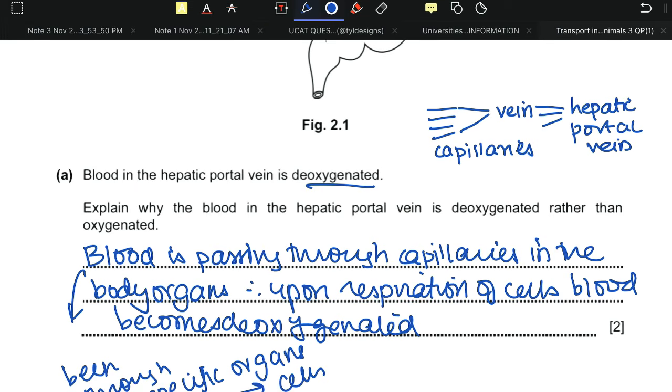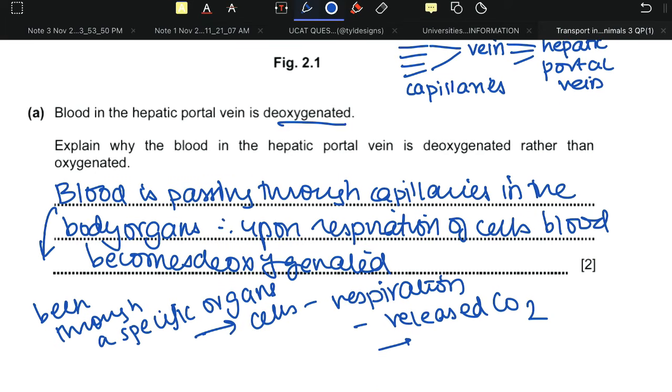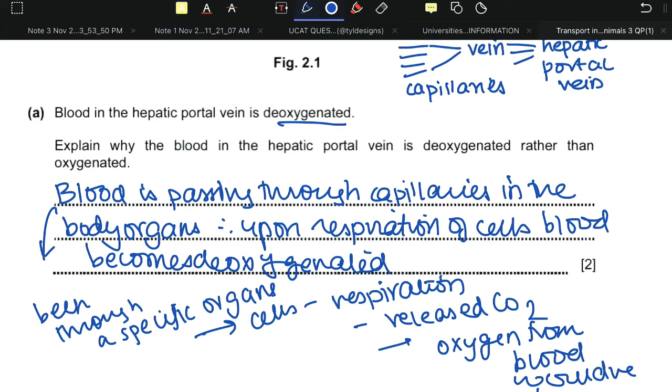Cells, due to respiration, would have released carbon dioxide, CO2, and because the cells are now taking in oxygen from the environment, the oxygen from the blood would have been lost to these cells.